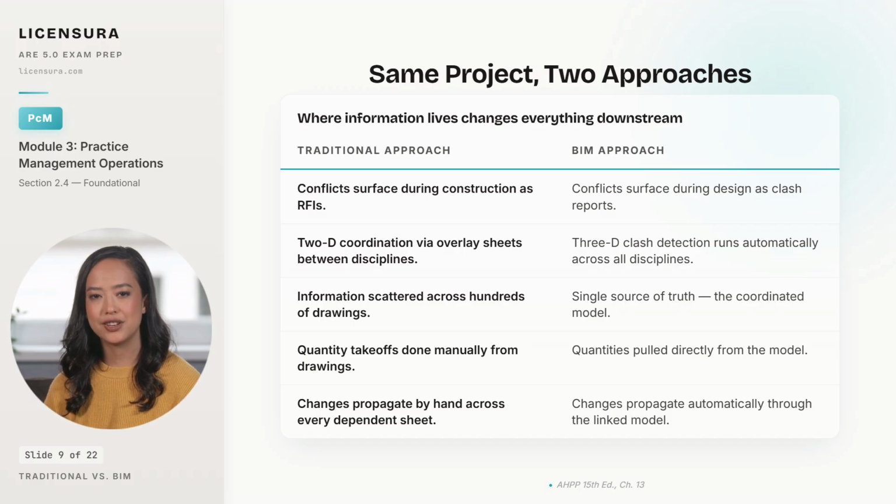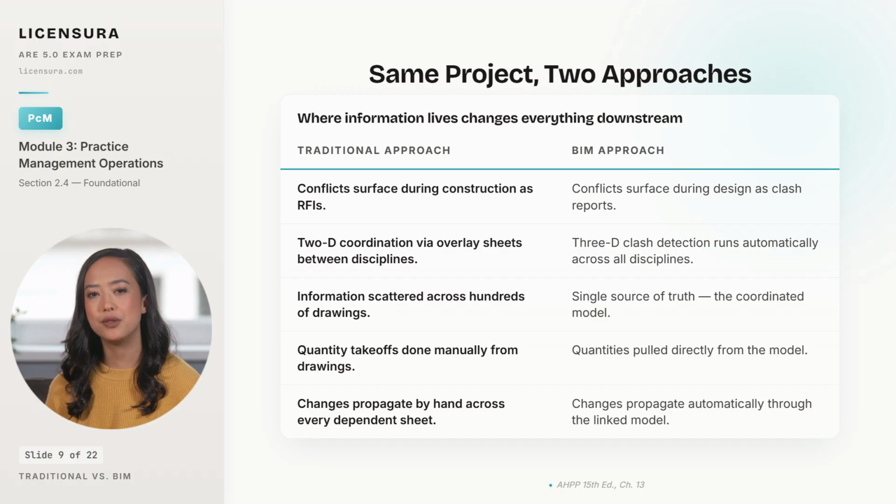The value proposition becomes concrete when you compare what the same project looks like with and without BIM. Five concrete differences shape why BIM pays back. In the traditional approach, conflicts surface during construction as RFIs from the contractor, by which time the cost of fixing them has multiplied. In the BIM approach, the same conflicts surface during design as clash reports, where the fix costs design hours instead of field dollars.